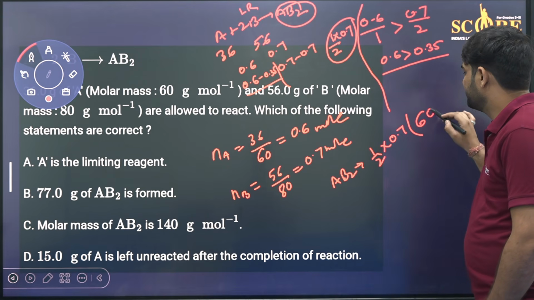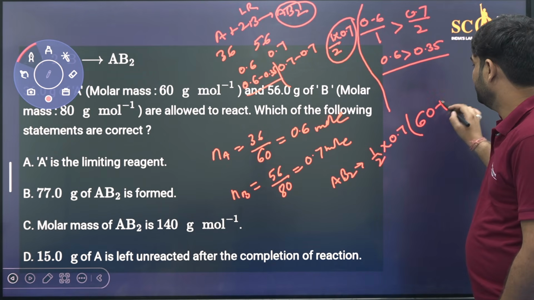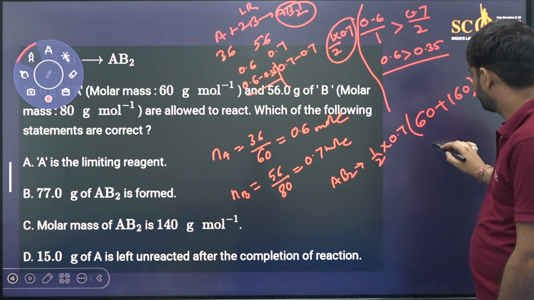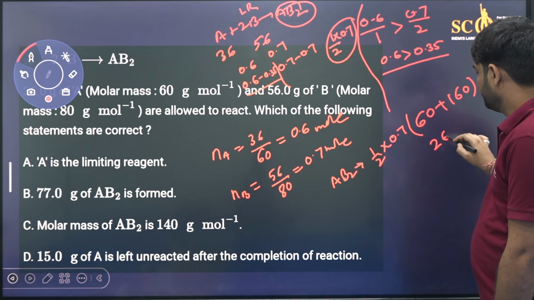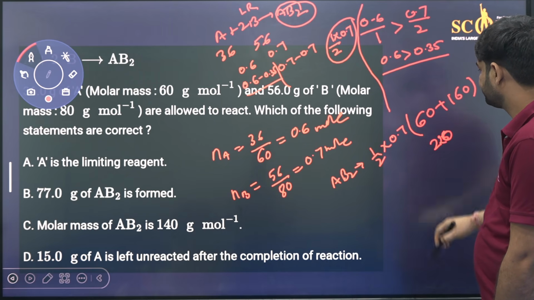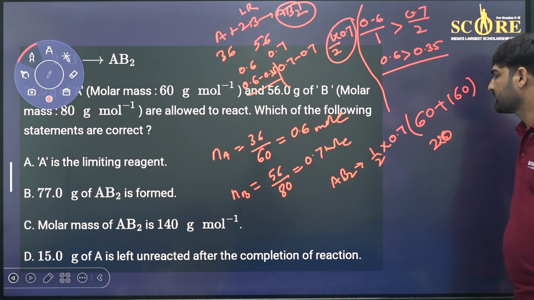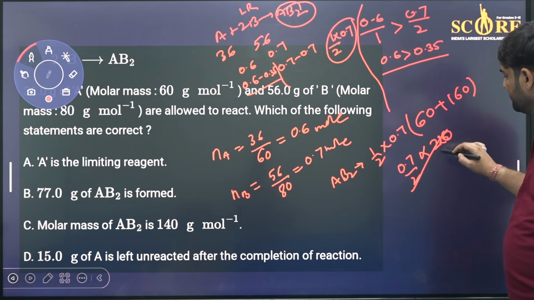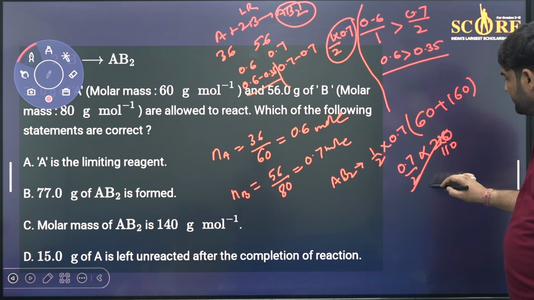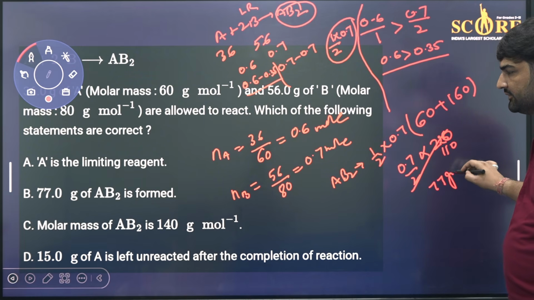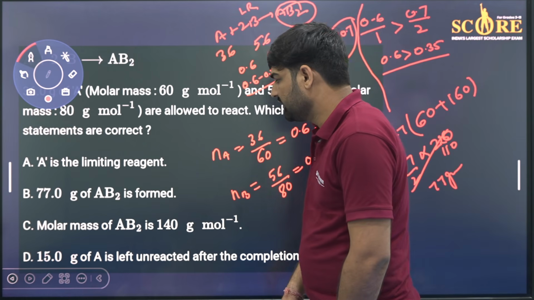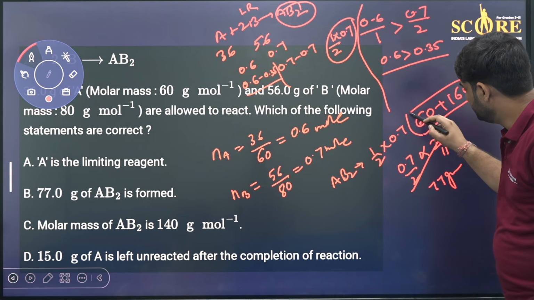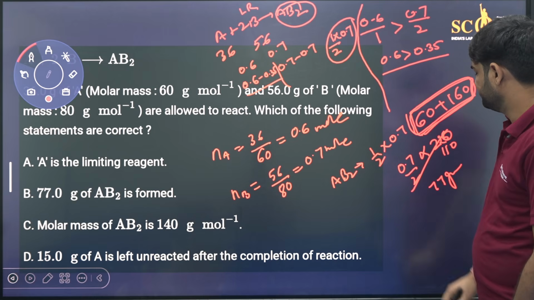Molar mass of A is 60, B is 80, so AB2 is 220. This will be 220 multiplied by 0.7 divided by 2, this will be 110, and this will be 77 gram. So B is the correct option. Molar mass of AB2 is 220 gram.